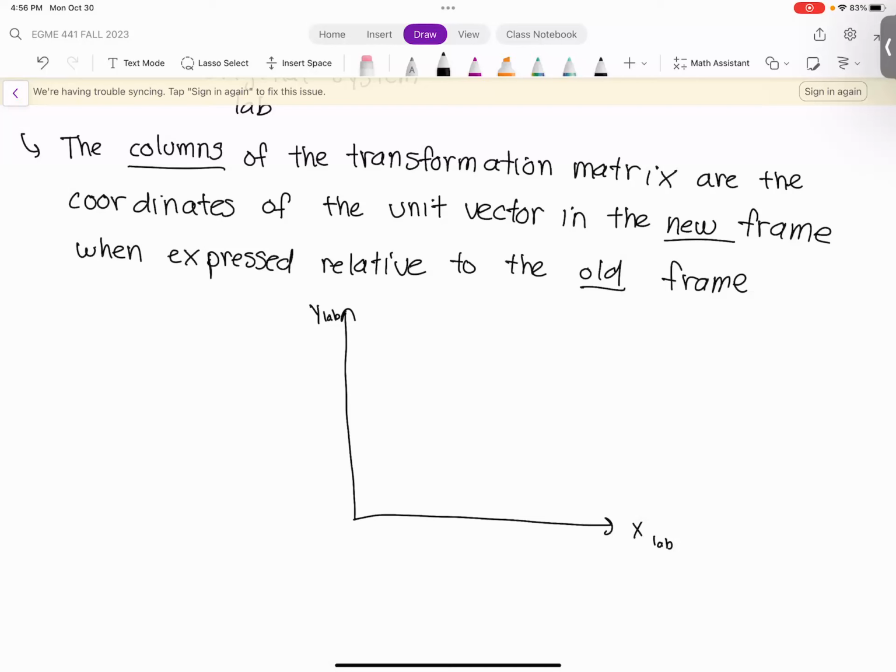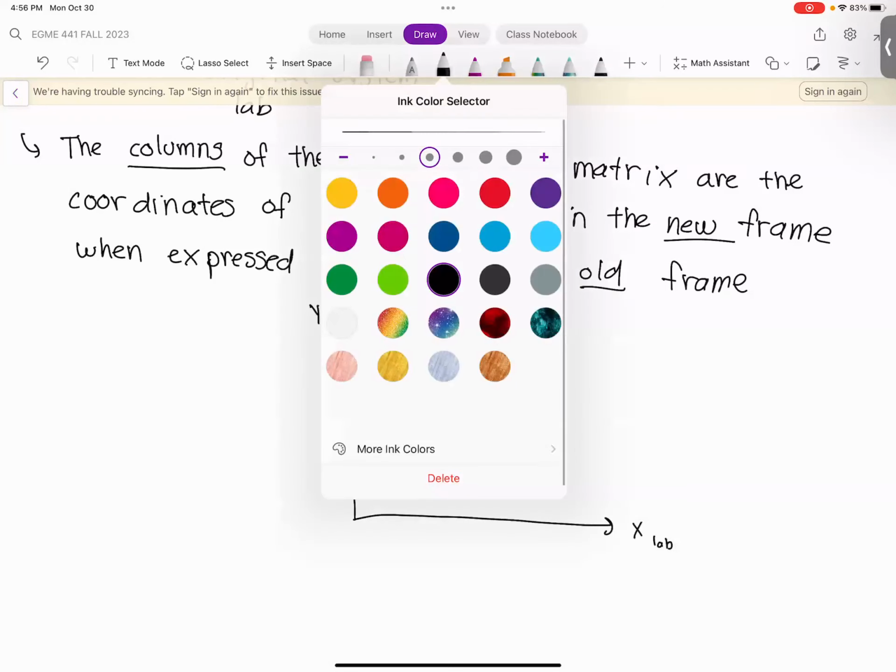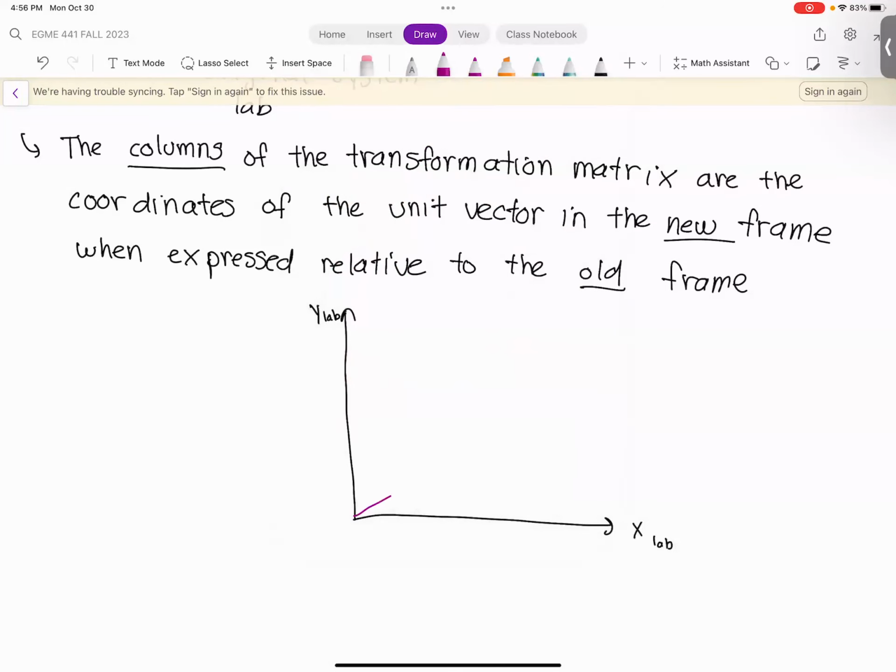Then after we perform the rotation, we're going to have x1 and y1, where this angle is theta, and this angle is theta here.